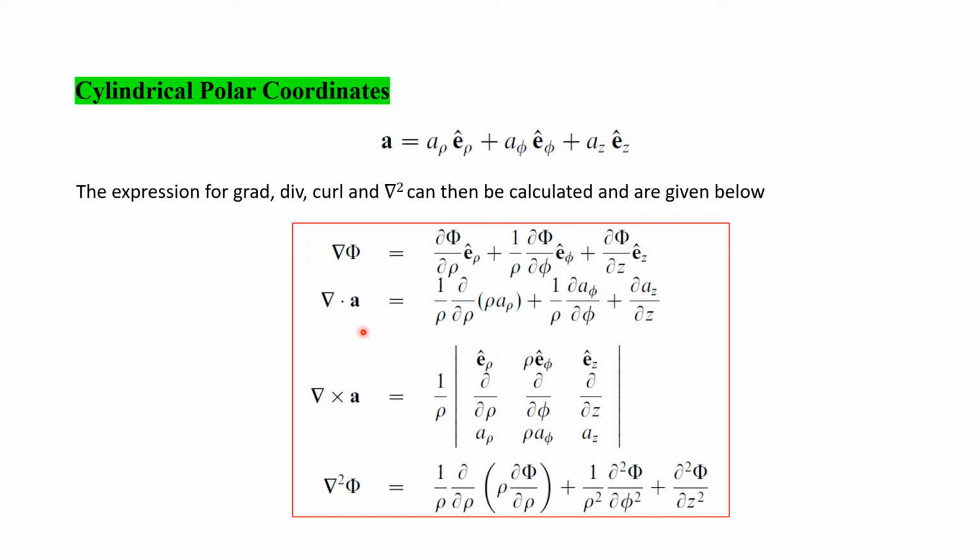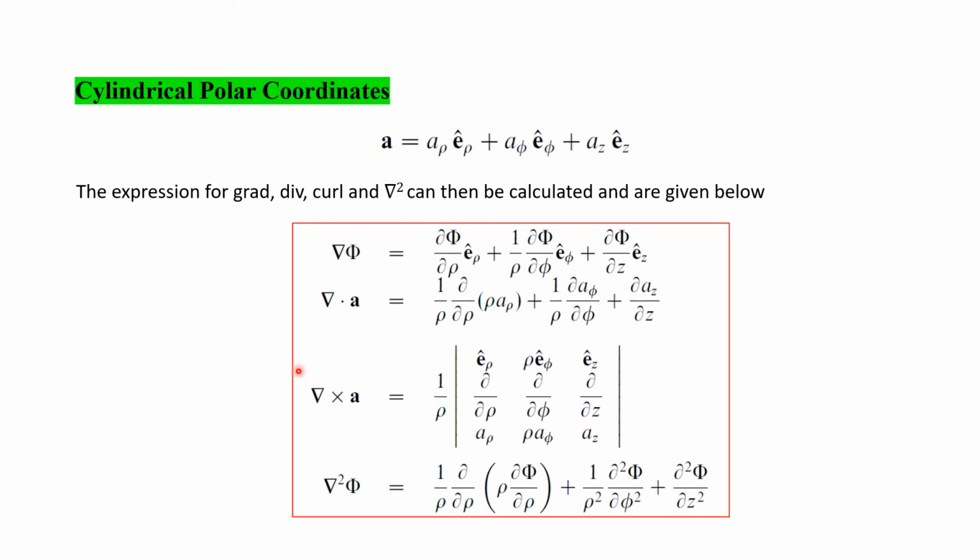And then this is for your divergence. So del dot A is equal to 1 over rho partial over partial rho of rho A rho, plus 1 over rho partial over partial phi of your A phi, plus partial over partial z of your Az.